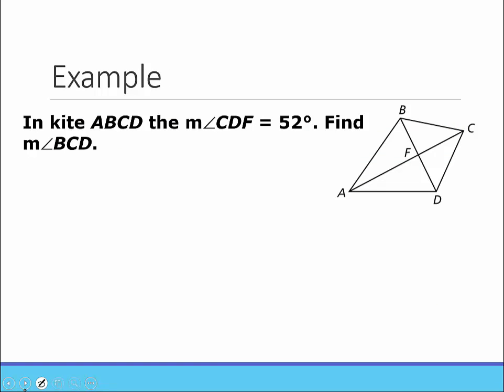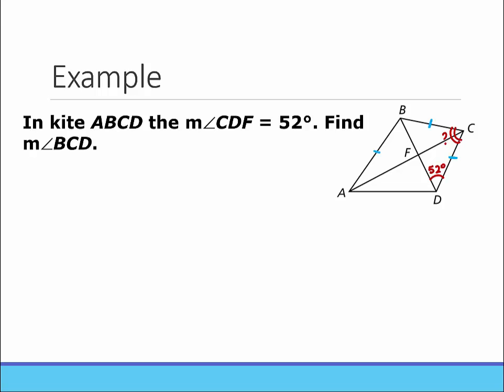So let's do some problems. In this kite ABCD, the measure of angle CDF, so this one right here, is 52 degrees. And they want us to find angle BCD, so they want us to figure out this angle up here. Now remember what the properties of a kite tell us. It says that we have two pairs of consecutive congruent sides.